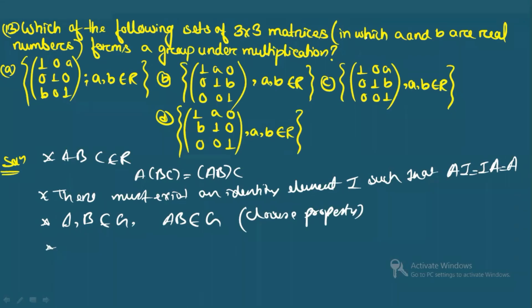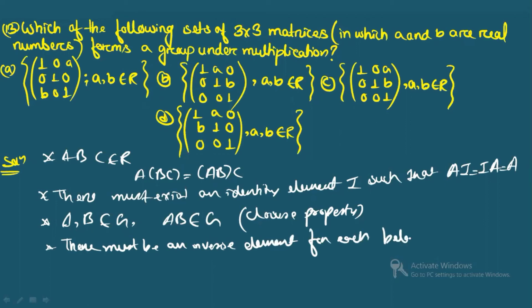The last one is: there must be an inverse element for each element belonging to G. So these are the 4 properties.